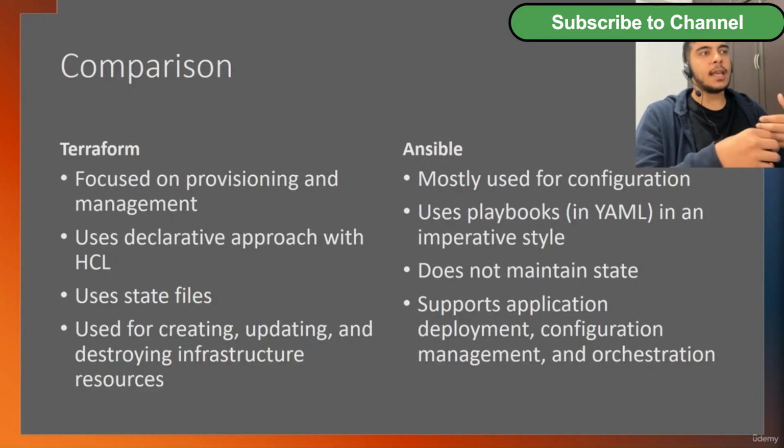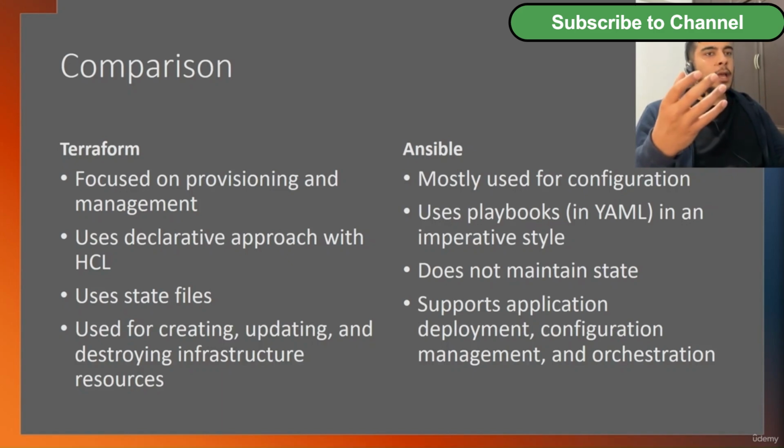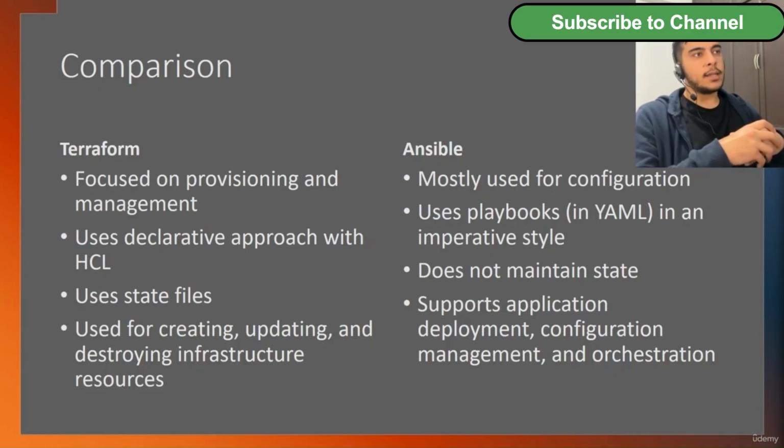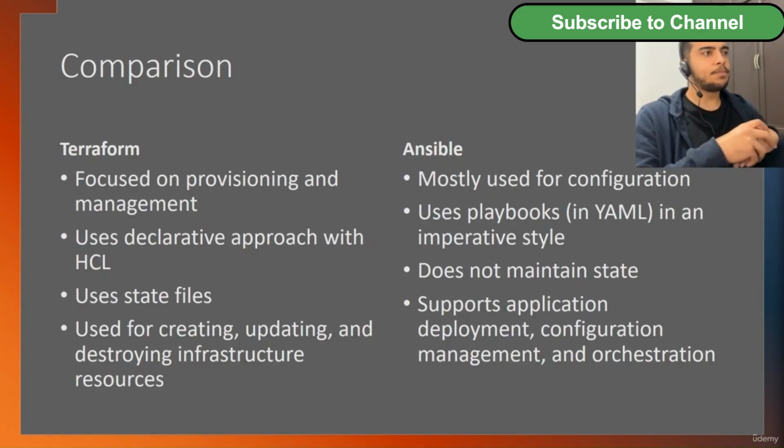So this means imperative. Declarative, on the other hand, when we're using Terraform, we don't deal with the nitty-gritty details of the commands and configurations. We instruct the script to do things at a very high level, much higher than what we deal with in an imperative style configuration like Ansible.